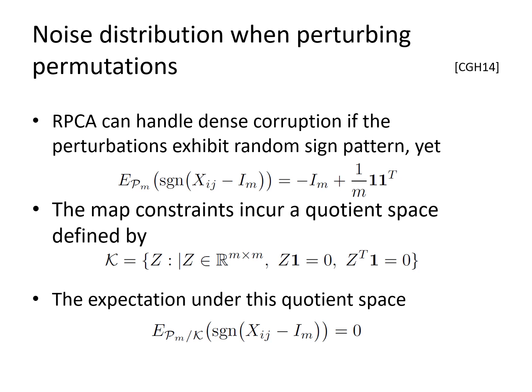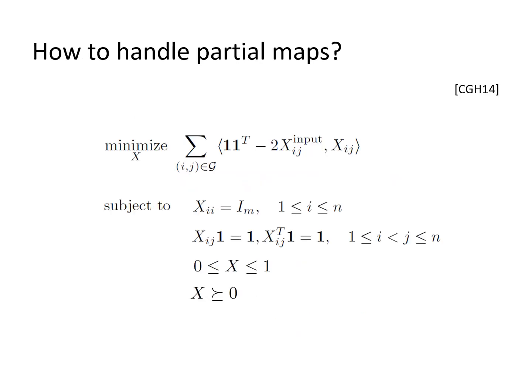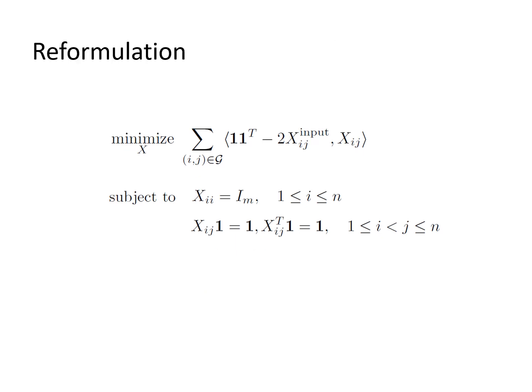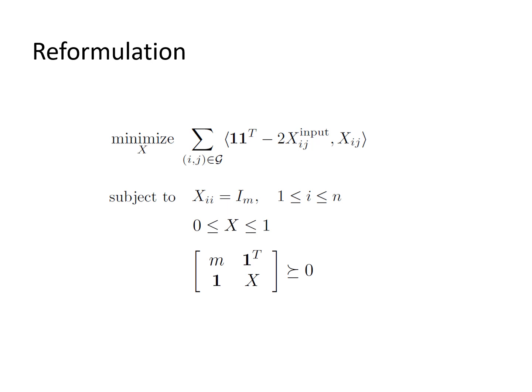So far we have talked about permutations. An interesting question here is how to handle partial maps. In a follow-up paper, we showed that we only need to modify the formulation a little bit. We modify the objective function as follows. The diagonal blocks are identity, but for the off-diagonals we never enforce that they are doubly stochastic matrices.